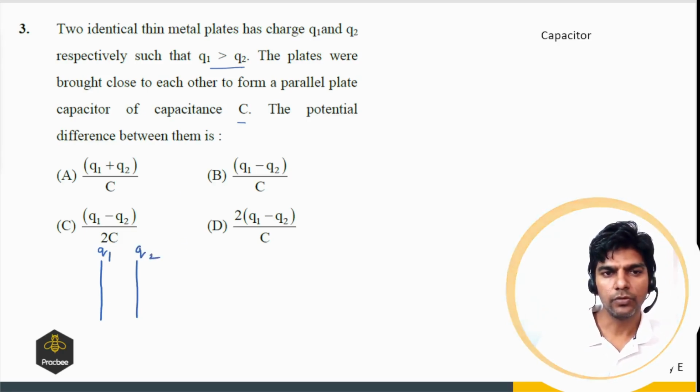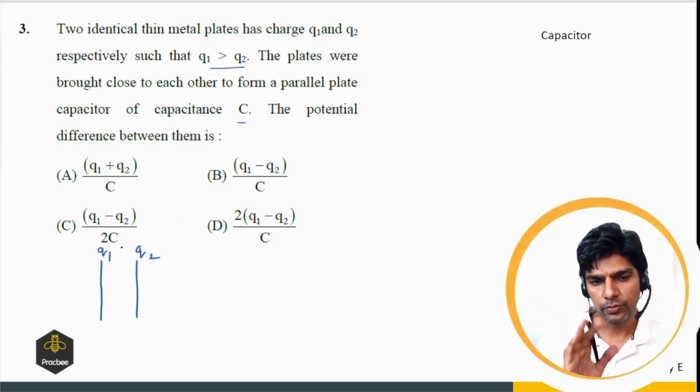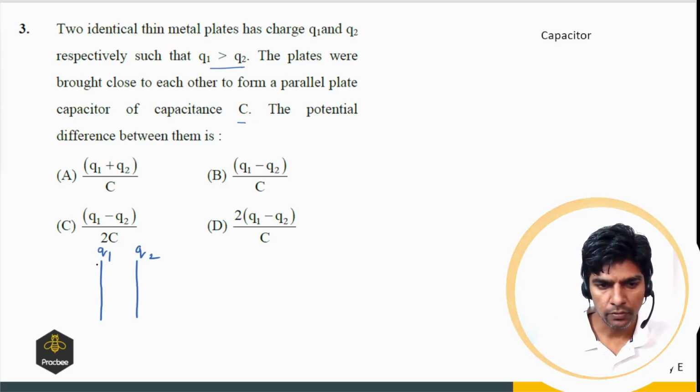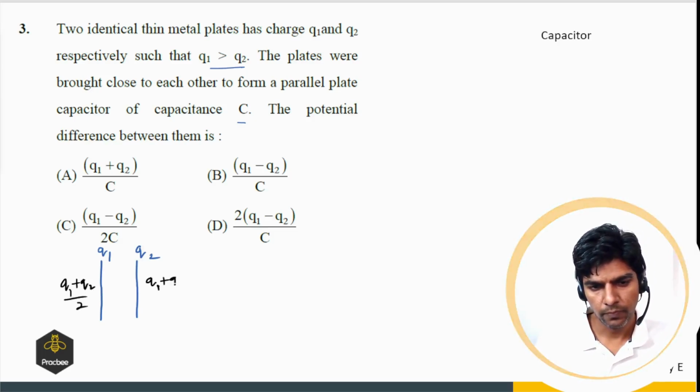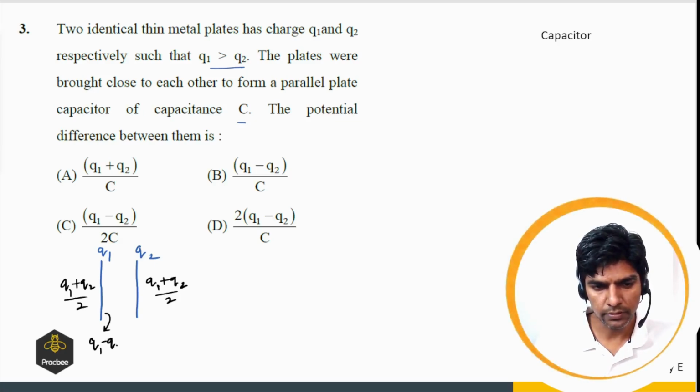So when we bring them closer to each other, the charge will distribute, and on the outer surfaces the charge will be (Q1 plus Q2) by 2, and on the inner surface of the left plate it will be (Q1 minus Q2) by 2, and on this surface it will be negative of (Q1 minus Q2) by 2.